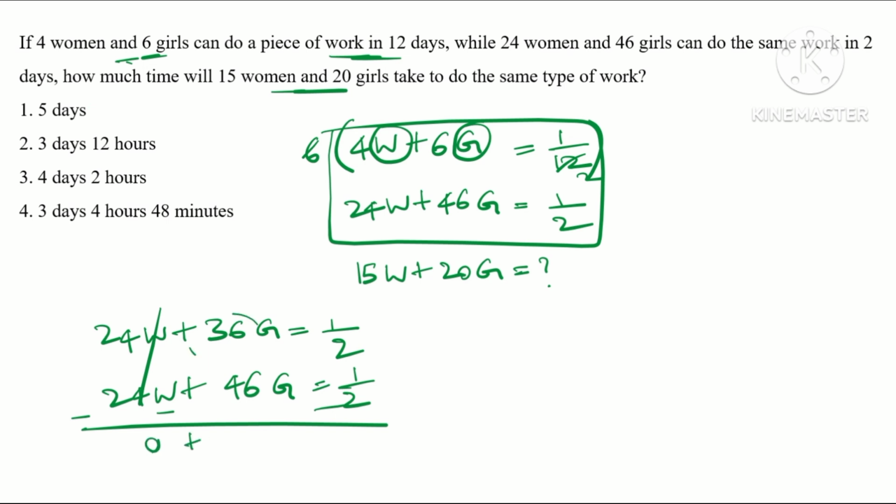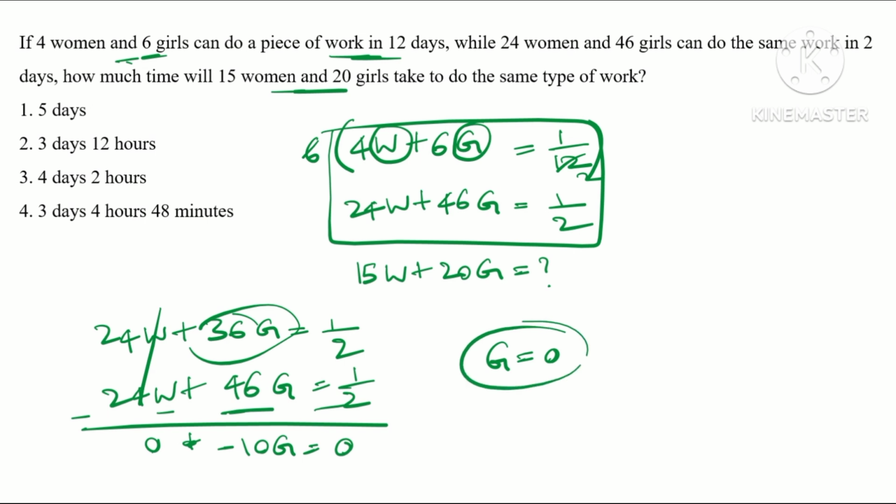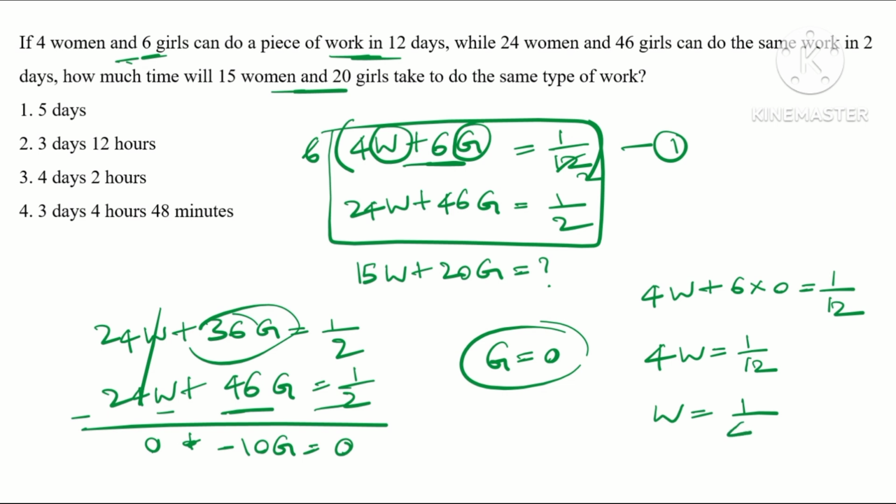Plus 36 minus 46G is minus 10G equals 1 by 2 minus 1 by 2 is 0. So G will be 0. Let's substitute G equals 0 in equation 1. This is equation 1. 4W plus 6 into 0 equals 1 by 12. 4W equals 1 by 12. So W will be 1 by 48.